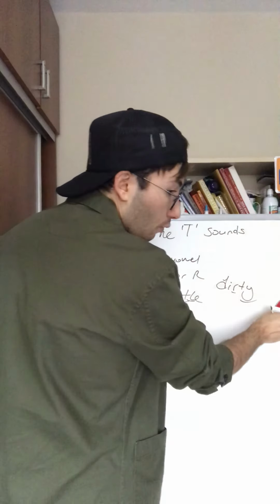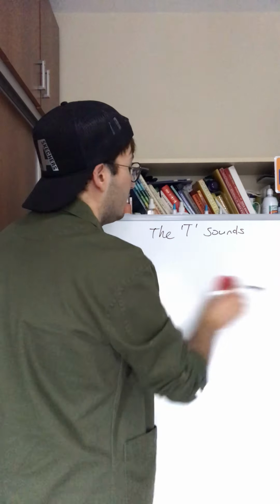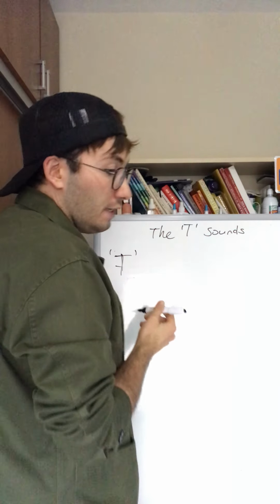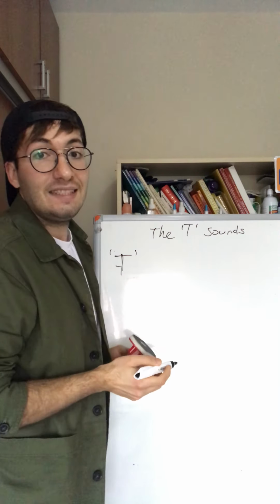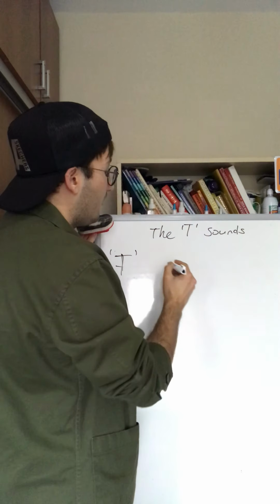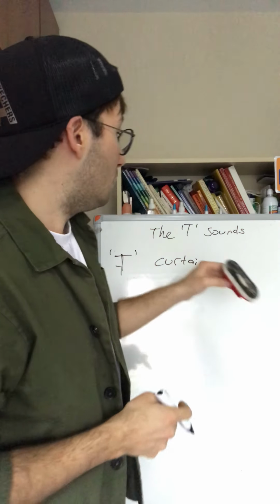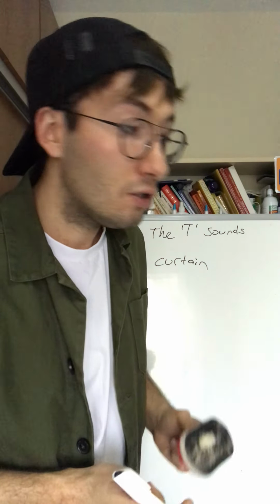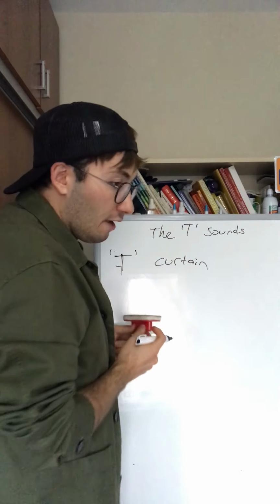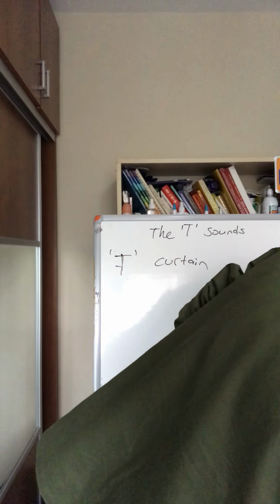And we have also T with a silent sound, and it is also pronounced like D. And we have also T, as I mentioned before, curtain. We say glottal T: curtain. Or we have one more.